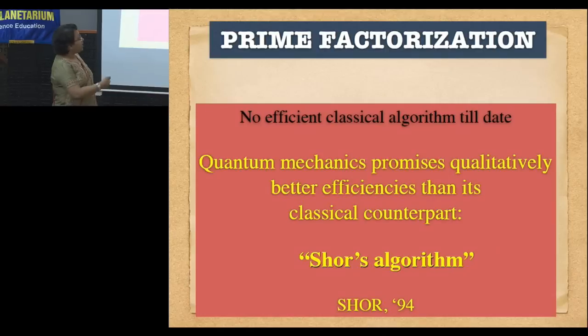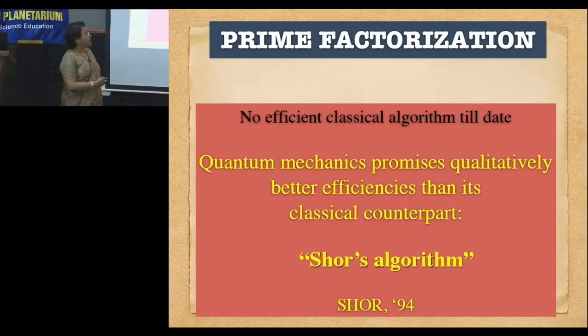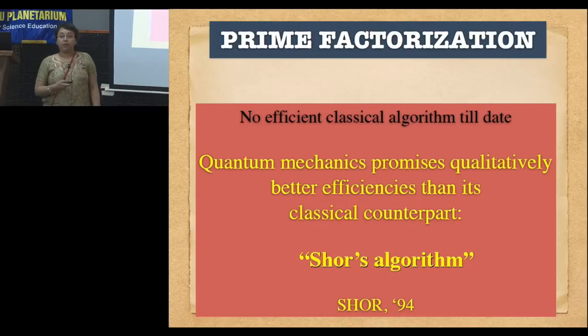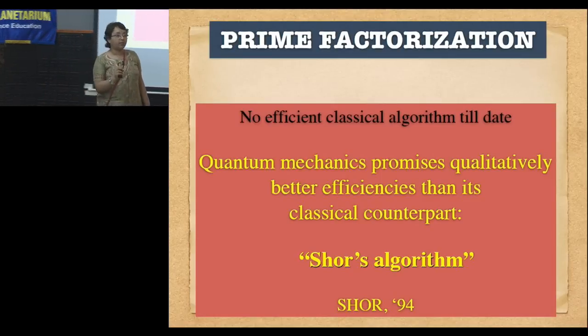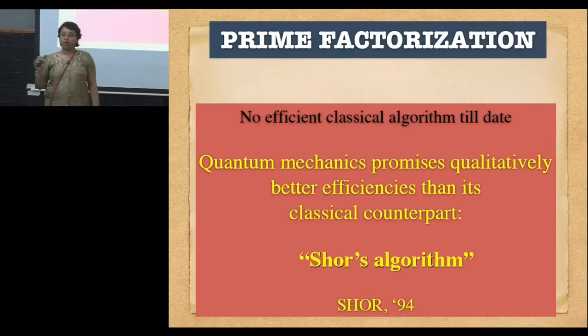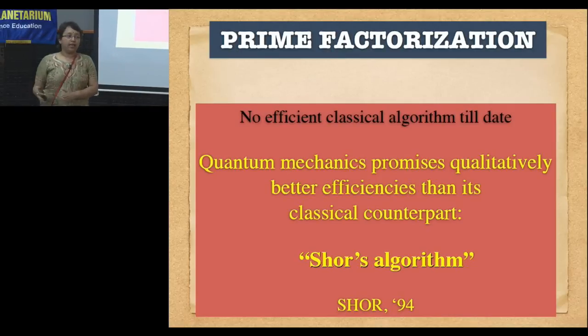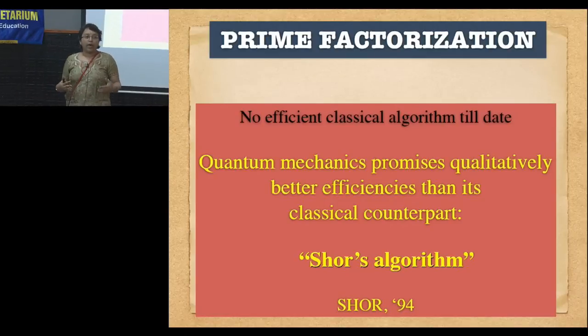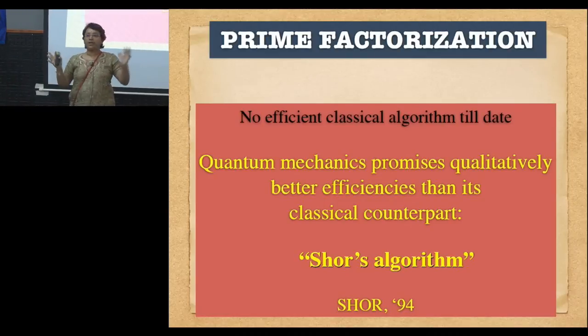And then quantum mechanics plays an important role, because in 1994, the mathematician Peter Shor showed that by using quantum mechanics, you can solve this prime factorization problem in polynomial steps. That means in a reasonable time. And this is probably the first example where people have shown that it is important to build a quantum computer.